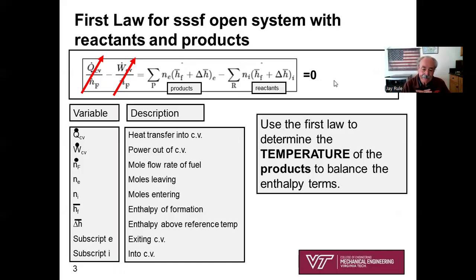And so the idea is this is a balancing act, right? Since the left-hand side equals zero, the sum of the enthalpy terms of the products must exactly equal the enthalpy terms of the reactants. Products, that's the exhaust gas. Reactants, that's the fuel and the air that's coming in. So it's a balancing act.